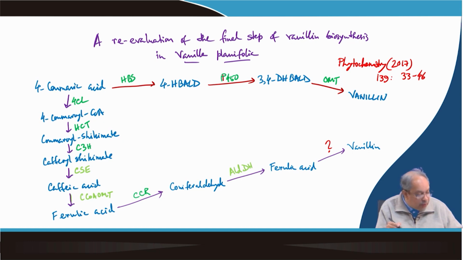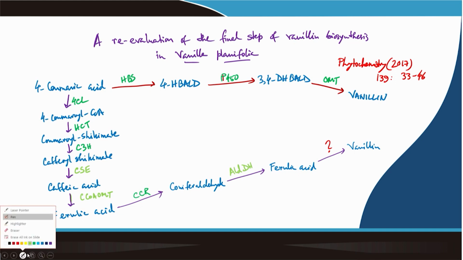So, what is possible is that this CCOMT, this means the caffeoyl shikimate. So, in between it is possible that there may also be a 4CL reaction there. So, in that case from this caffeoyl shikimate, from the caffeic acid, caffeoyl CoA may be produced.